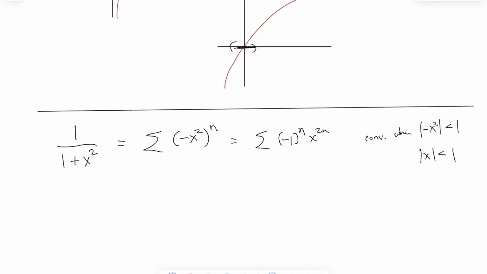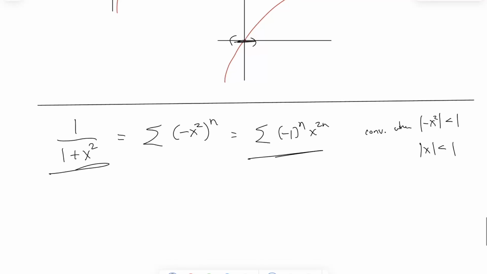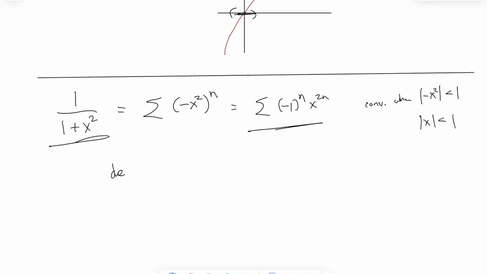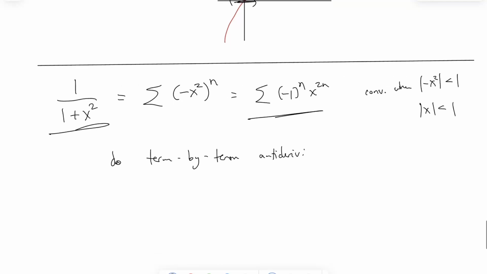All right. I would like to do the antiderivative of this series. So this is the left-hand side, and that's the right-hand side. Let's do the term-by-term antiderivative and see what happens.